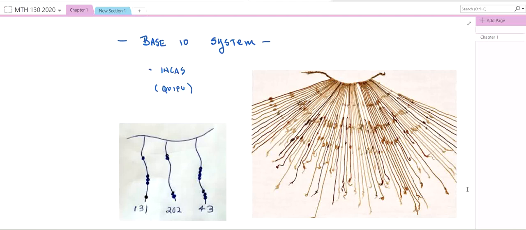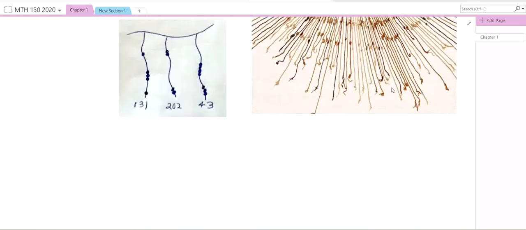So it was a system, and it developed because they needed to account for trade and logistics for their military. Other ancient societies used a base 10. The Egyptians, they used a base 10 system.